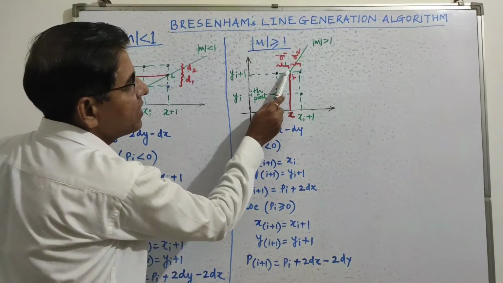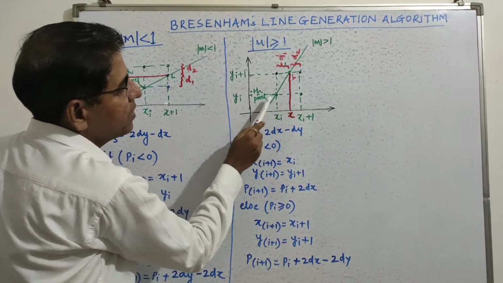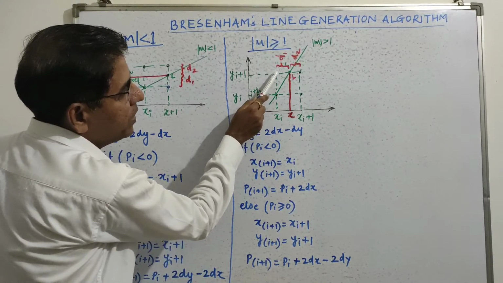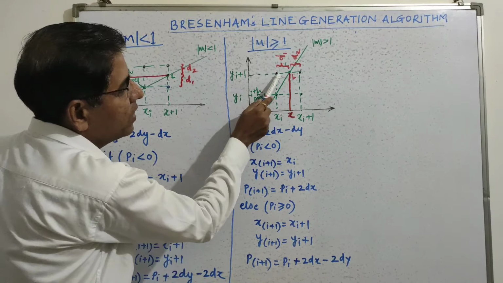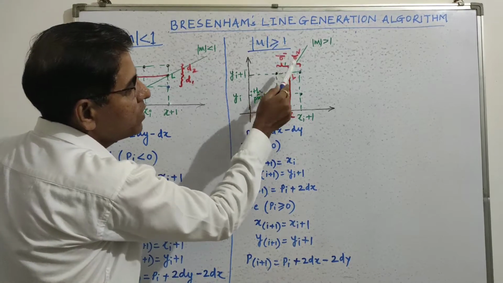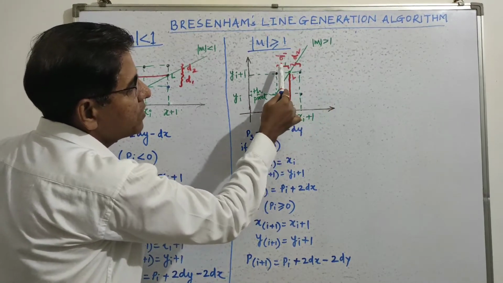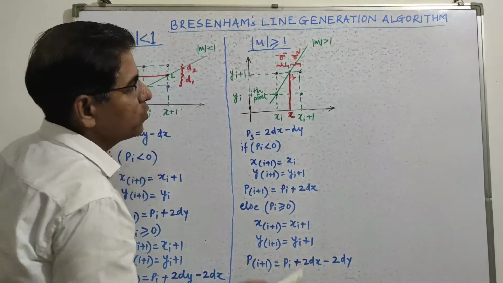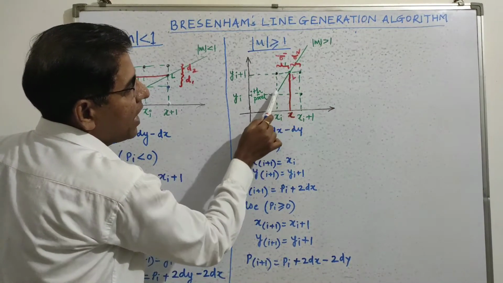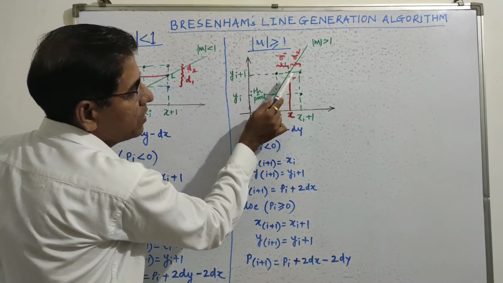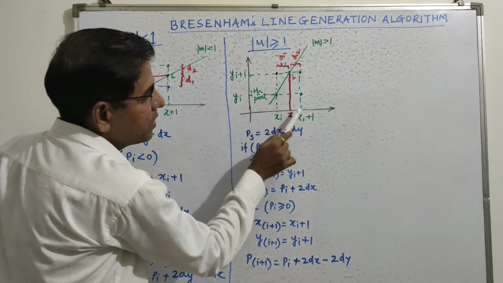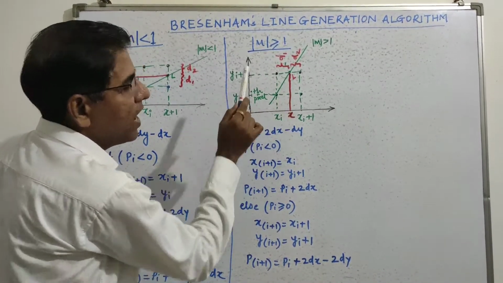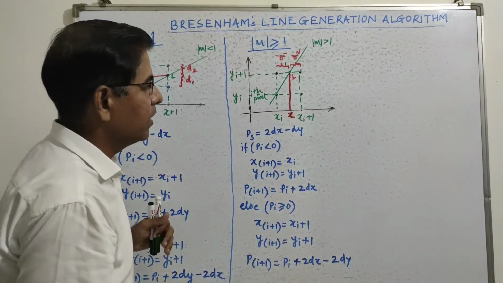If d1 is less than d2, the next pixel will be xi and yi plus 1. If d1 minus d2 is greater than 0, that means d1 is greater than d2, so this line is passing closer to this pixel, and we'll select this as the next pixel, whose coordinate is xi plus 1 and yi plus 1.